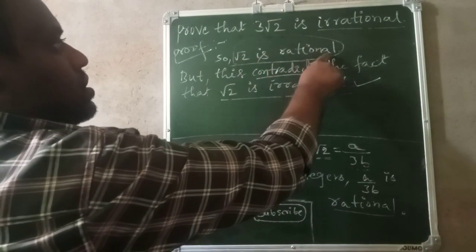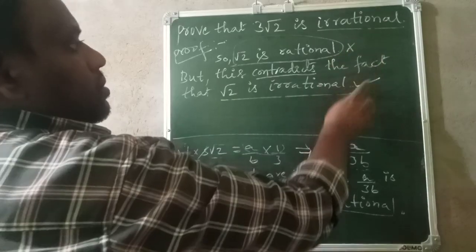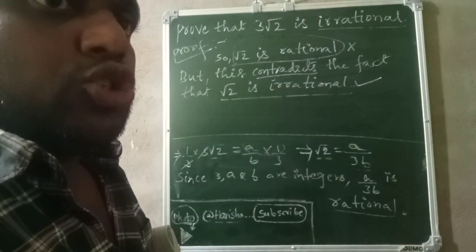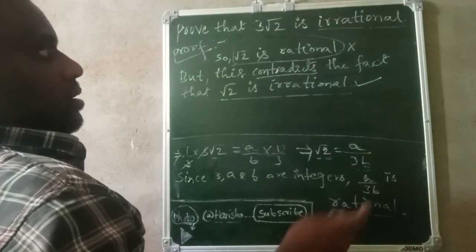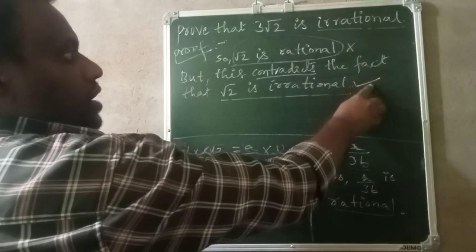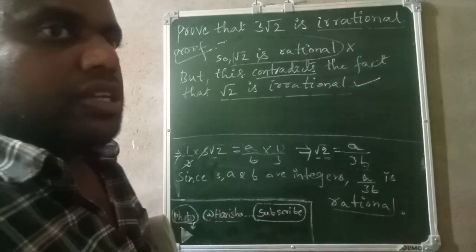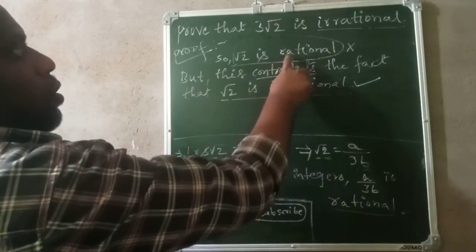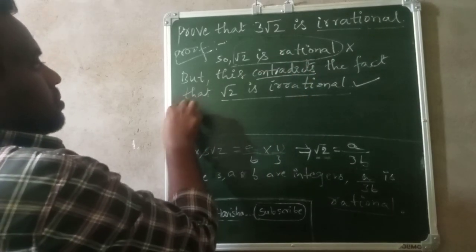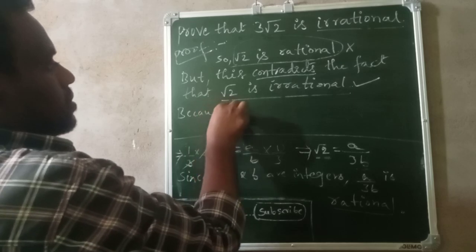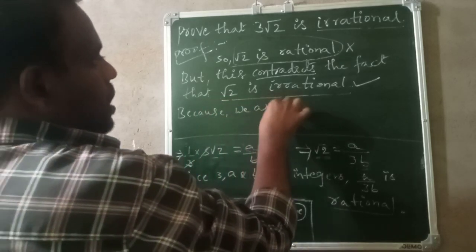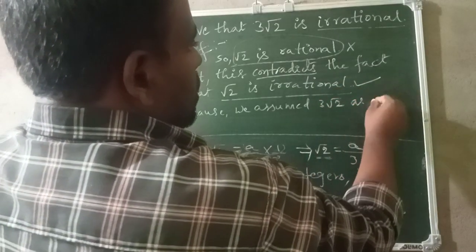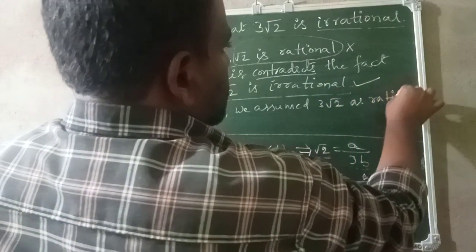Why did we get this root 2 is rational wrong? That is because in the beginning we assumed wrongly. Correct? See, in exam don't write these and mark. Just to make you understand, I have put these marks. Okay. So I will write one more sentence. Why did I get this wrong? Because we assumed 3 root 2 as rational.